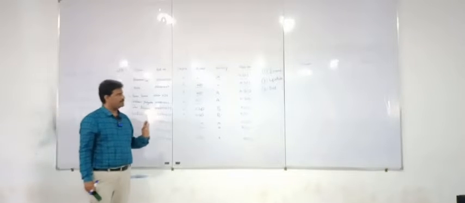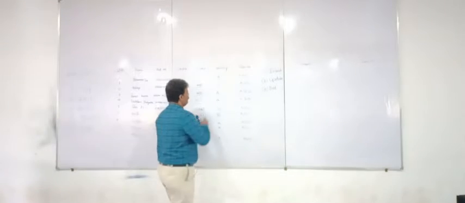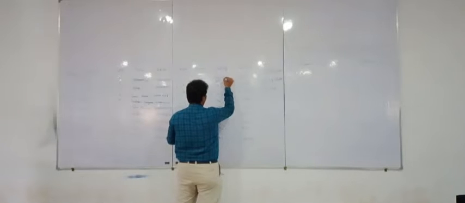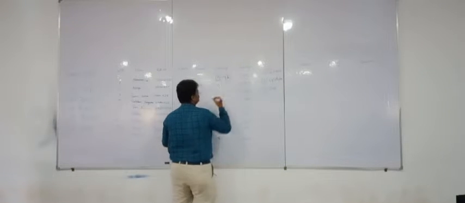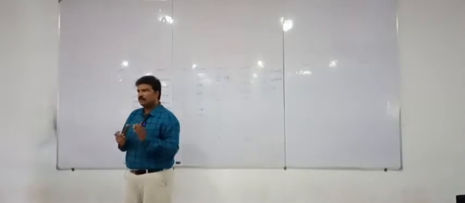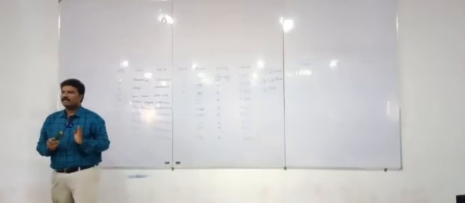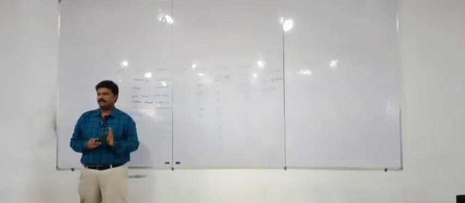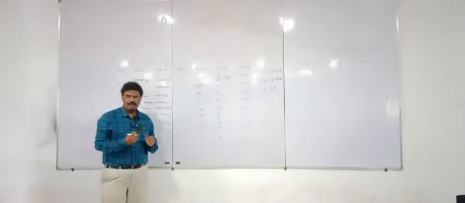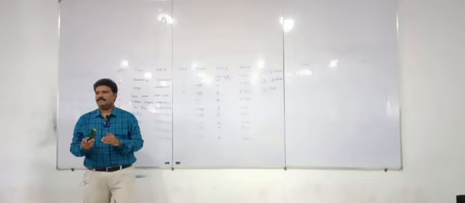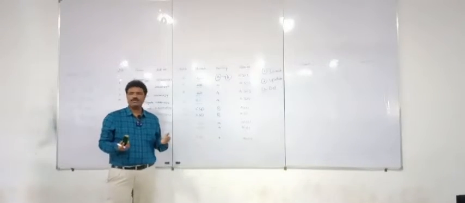Now, for example, I want to change the AD branch from building A to building B. I want to change AD's building from A block to B block. And when I'm changing block A to B, you always have to change the room number.